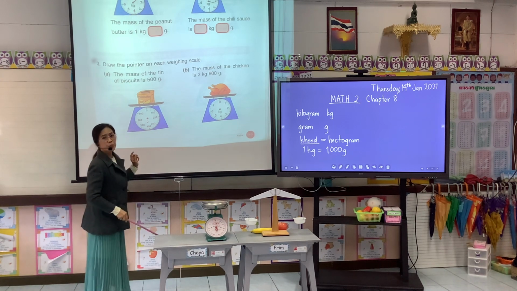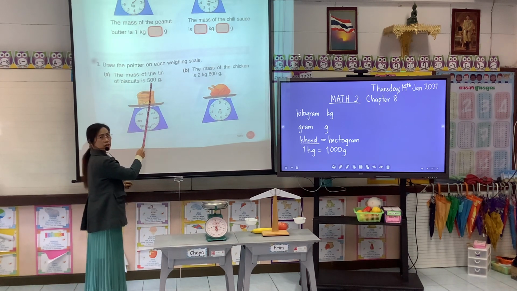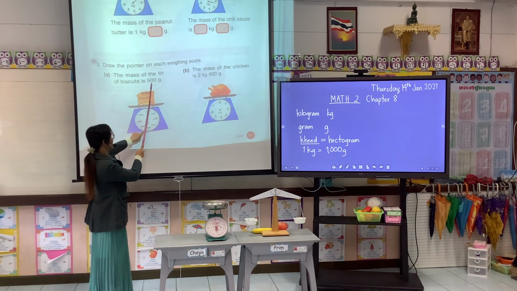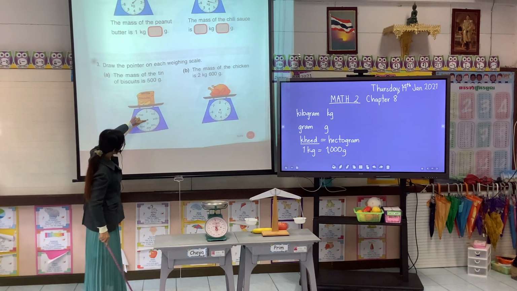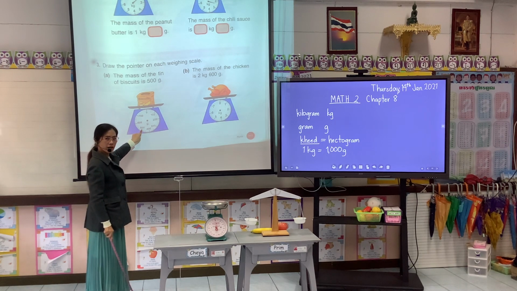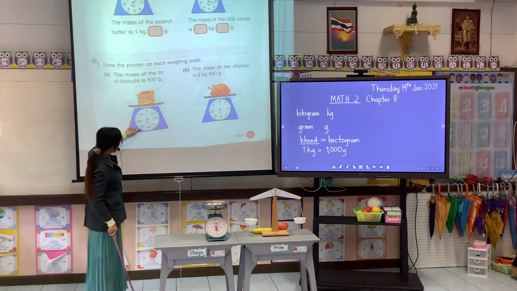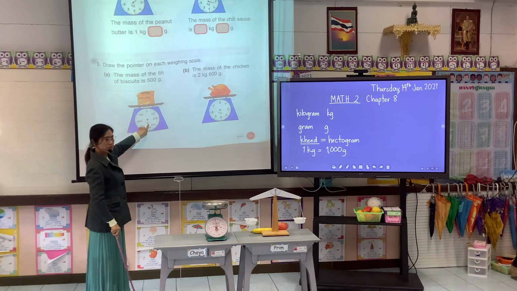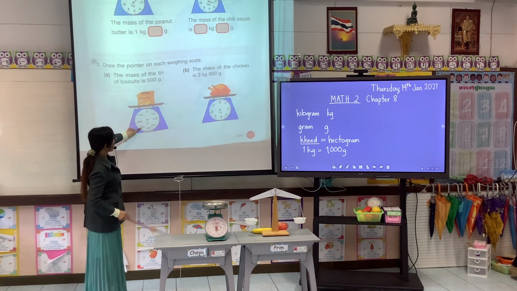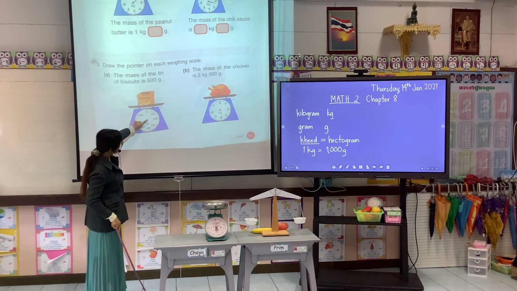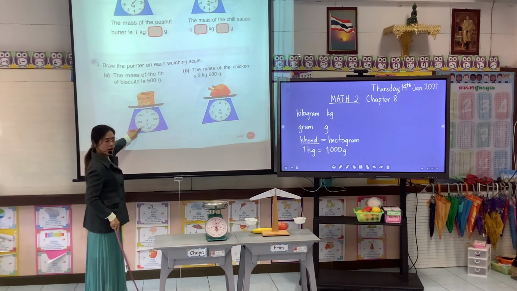Point your pointer at 500. Where is 500? It's here, 500. So please draw a pointer pointing at 500. That is 500 grams. The mass of the tin of biscuits is 500 grams. It should be right here.